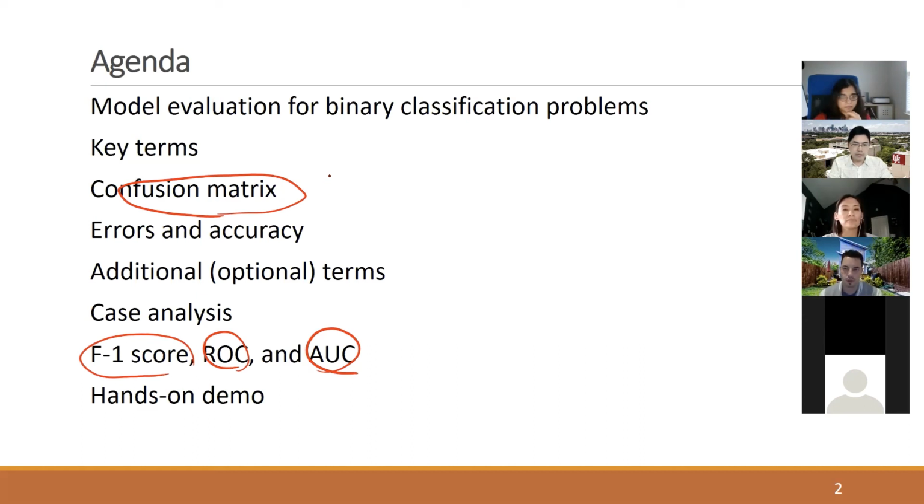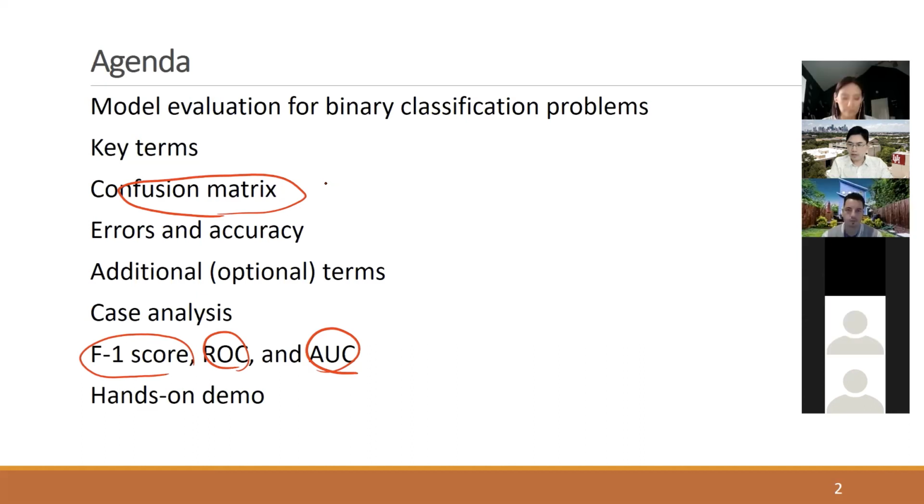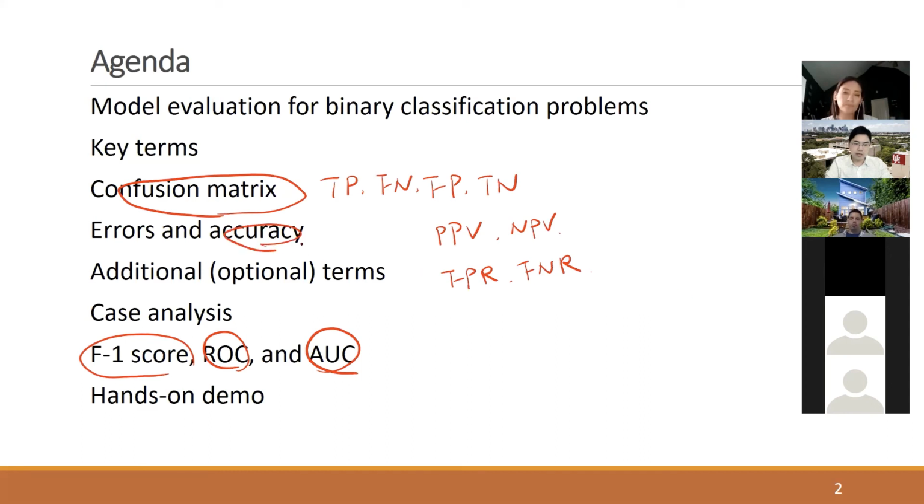By this, we mostly mean the rudimentary terms: true positive, false negative, false positive, and true negative. And mostly we'll use positive predictive value, negative predictive value, false positive rate, and false negative rate, as well as accuracy and errors.